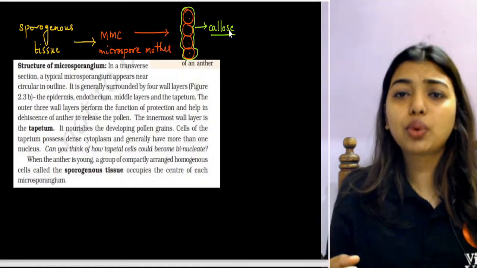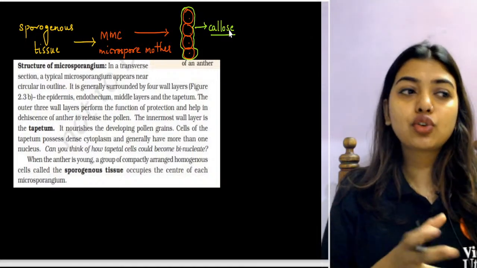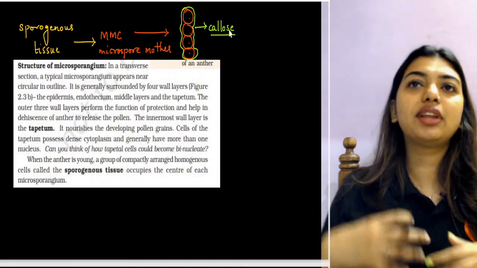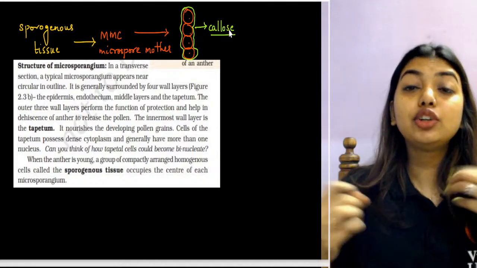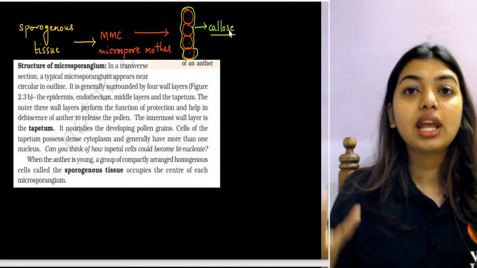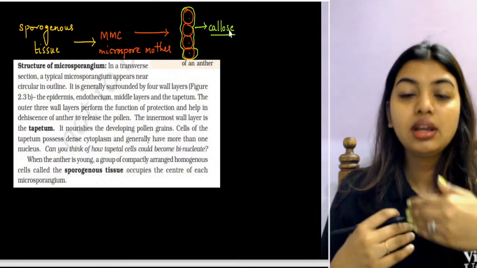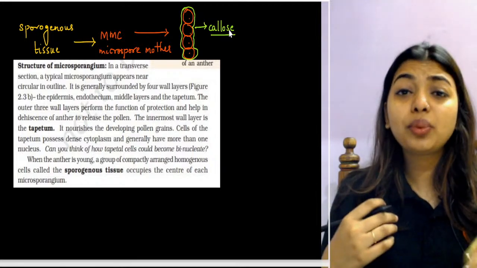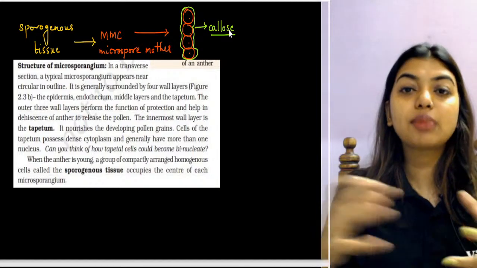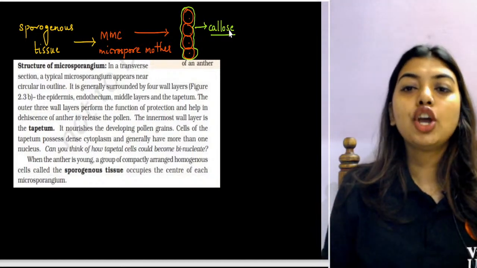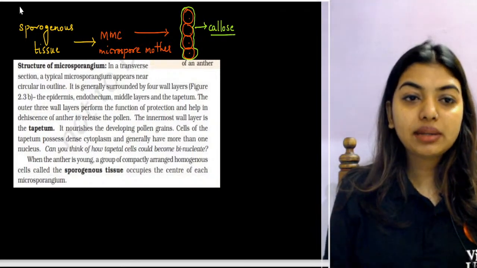Can each of us show our potential? Can each of us go into different fields of life? We cannot do anything, right? In the same way, these microspore tetrads are also kept together. If they're kept together, there is no way this microspore can form the pollen grains. So that is when the tapetum will come to help.